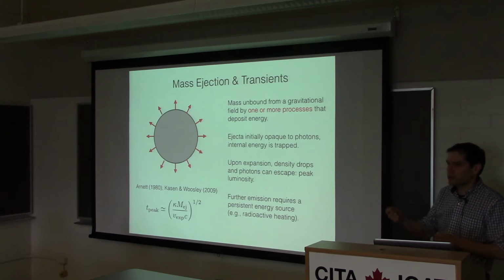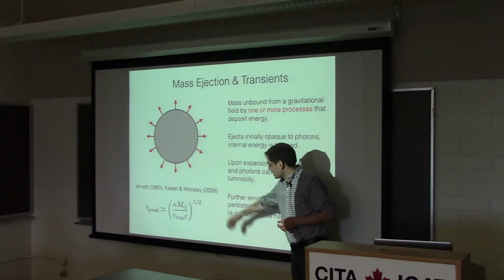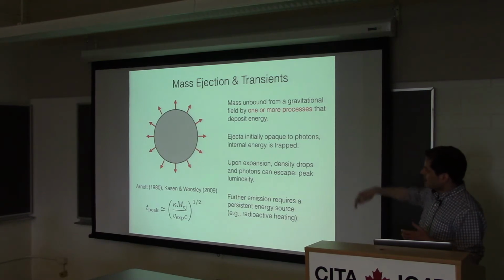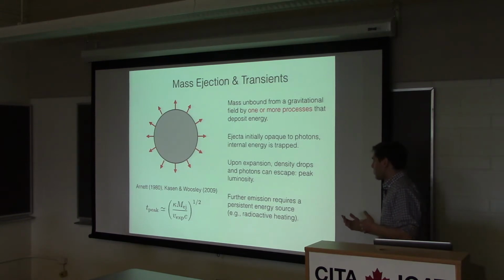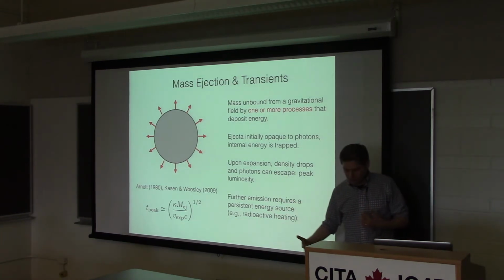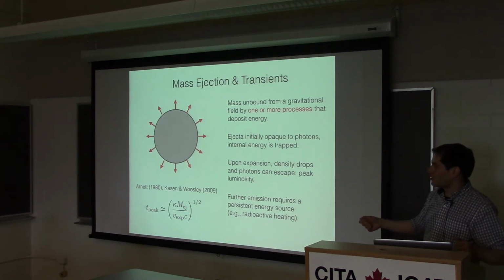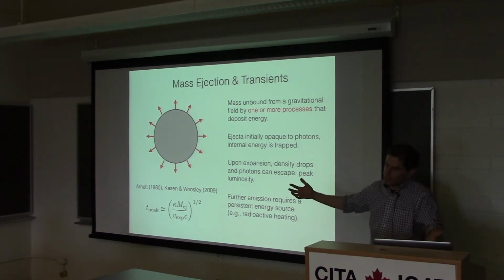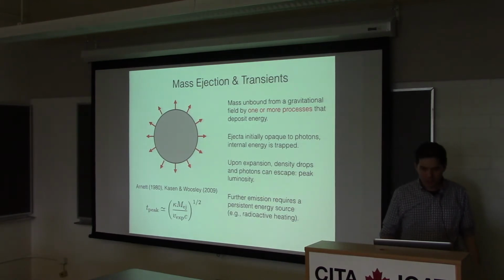The order of magnitude way of thinking about this was first formulated by Dave Arnett in 1980, basically stating that the time at which this transient peaks is given by the equality between the diffusion time, which depends on essentially the characteristic radius of the ejecta times the diffusion coefficient, which is just dependent on the opacity, and the expansion time, set by the expansion velocity. So you get an expression that depends on the square root of the mass, the opacity, and the inverse square root of the velocity. That's just to set the stage.